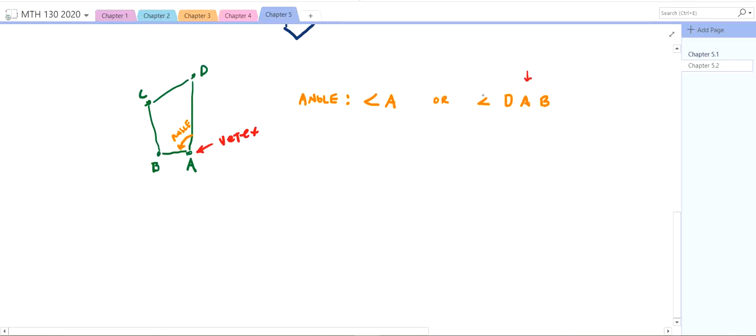This indicates the angle when we talk about angles. It's similar to if we had line segments. And recall, if the angles are the same, we could call them congruent angles.